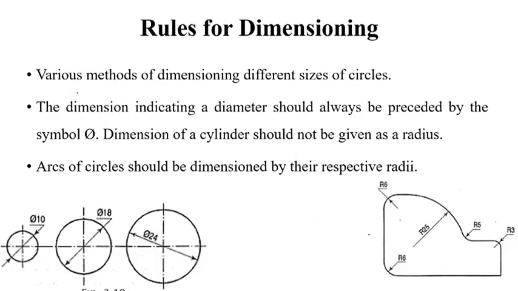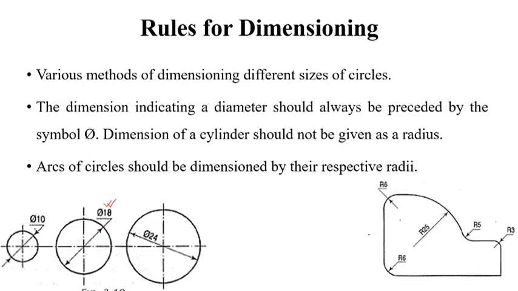Now we have the last, the various methods of dimensioning different sizes of circles. If we have a big circle, then this can be placed inside this figure. If the circle is of small size, then we can provide the arrows within the object, and finally the dimension figure is placed outside.